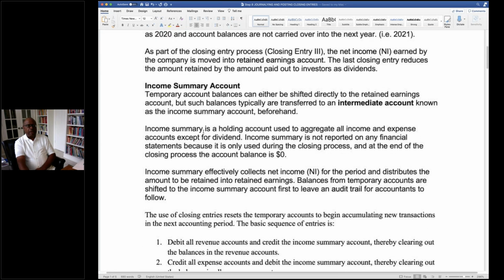We have an account called income summary, which is an intermediate account for closing out. Because we don't want a lot of entries in retained earnings, we only want to see two things in retained earnings: the net income that's added and the dividends that are paid out. And so as a result, we use an income summary, and we're going to look at an example of this.